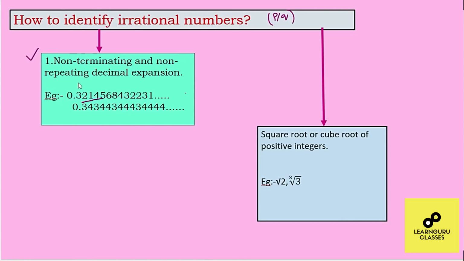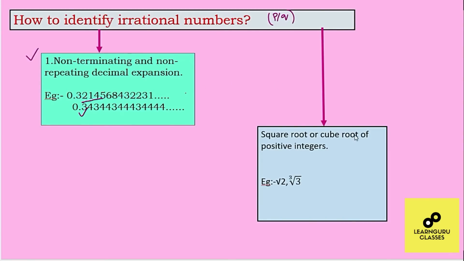This type of number is called an irrational number, like 0.321456843231. Here no proper sequence is maintained. Next is 0.34344344. Here also a definite sequence is not maintained and it is not repeated. So this type of number is irrational.